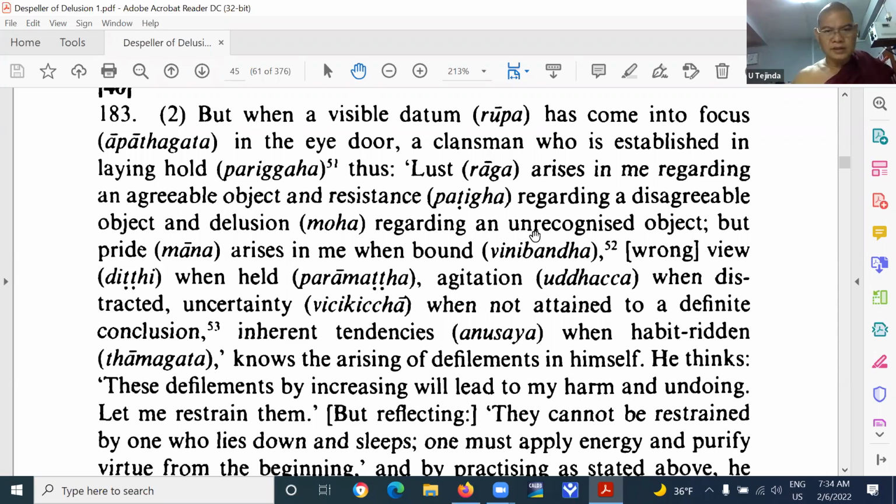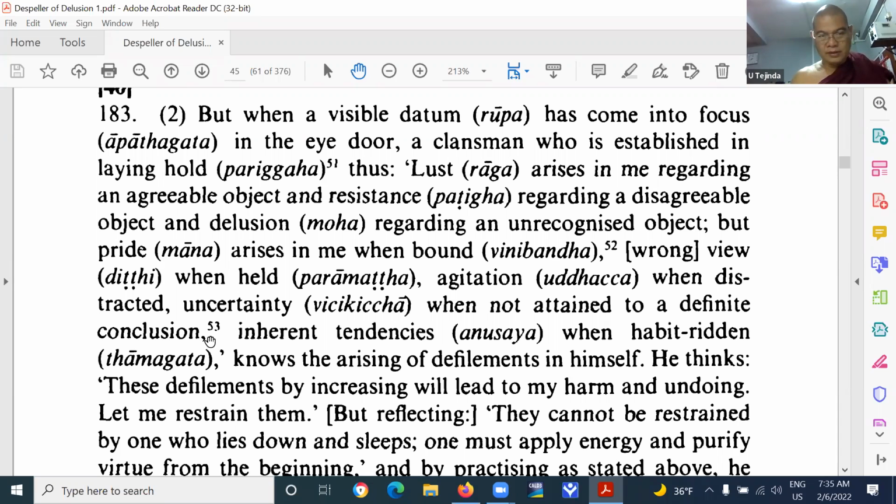So now the vikkhepa here, on beauty we hold agitation. We are distracted. Distracted where? Distracted about the five aggregates. That means he is not sure related to the five aggregates. The agitation which will not attain a definite conclusion. Yes, the uncertainty which arises in him because he could not see or could not decide what is related to the five aggregates.